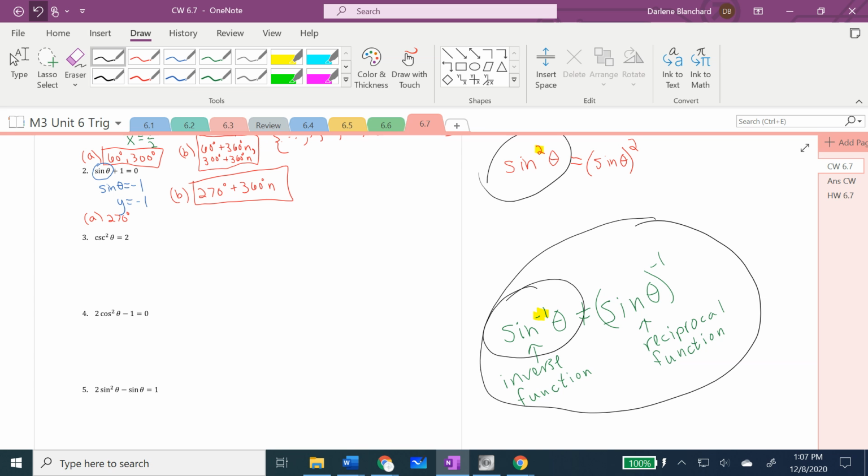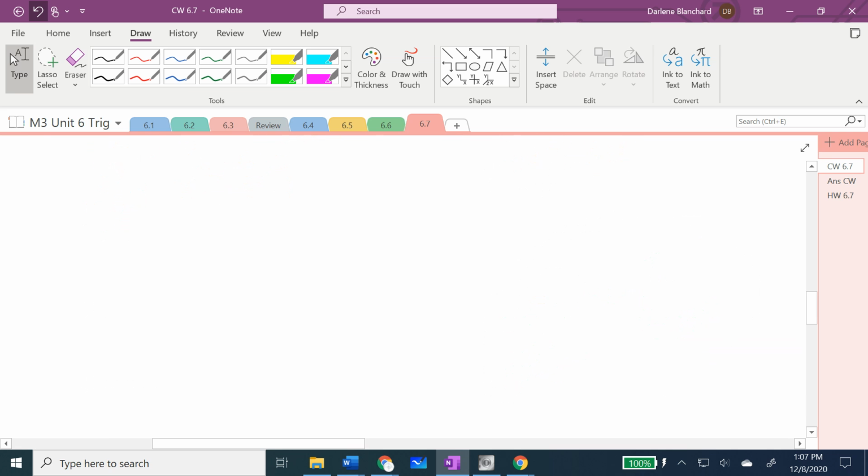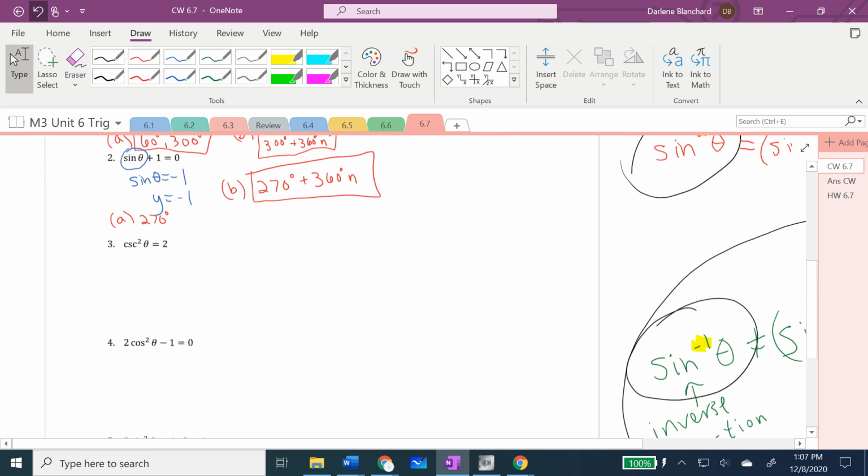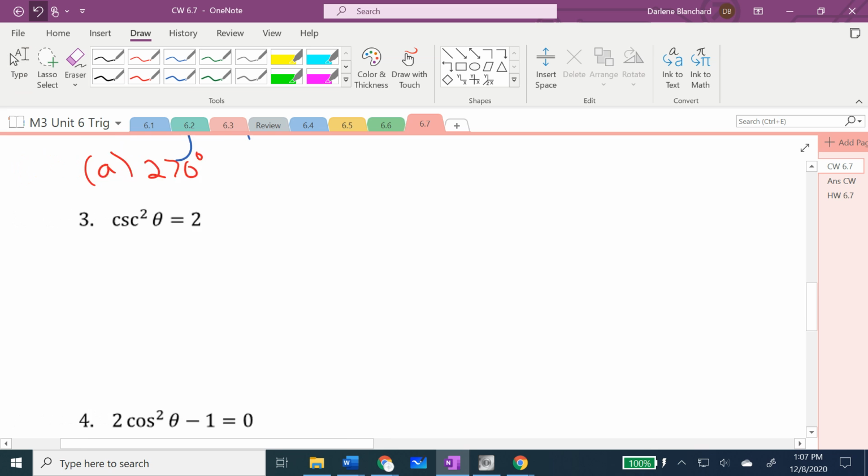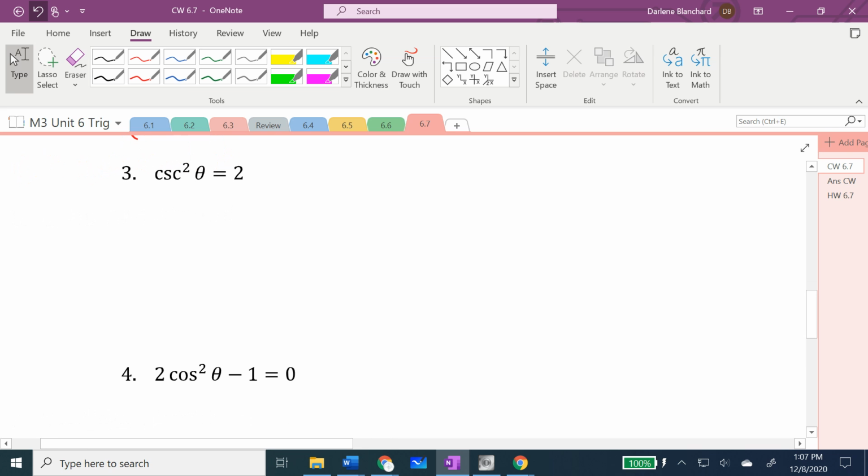So when you read on number 3, the superscript 2, come on, zoom in. Oh, now you listen to me. Okay, stop lag time. You want to know that what this is saying is cosecant of theta squared.